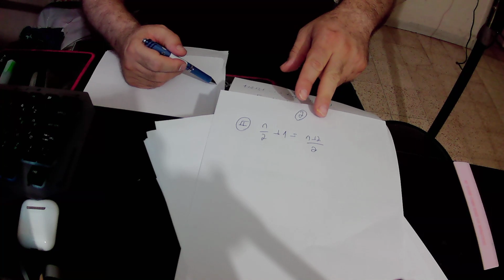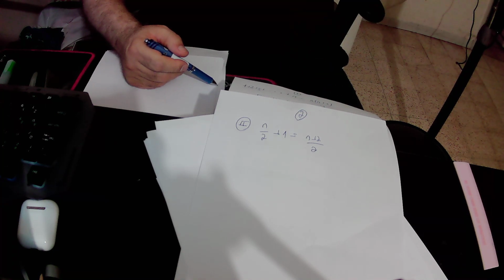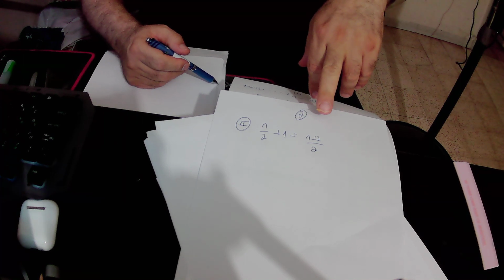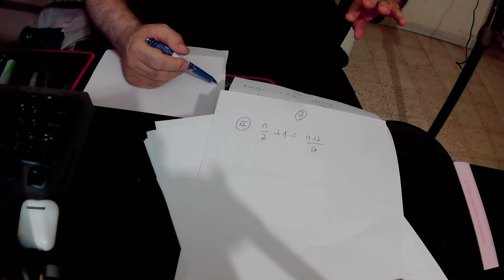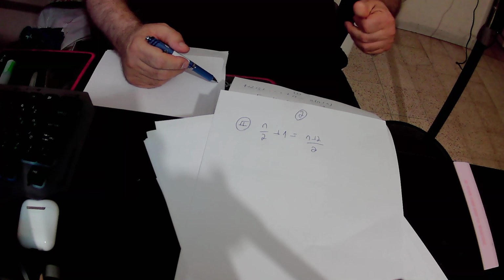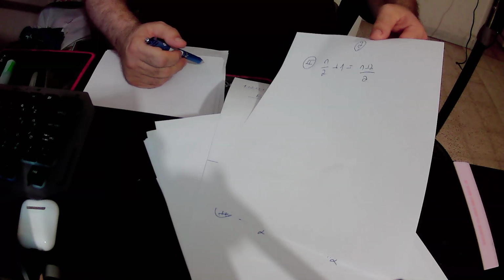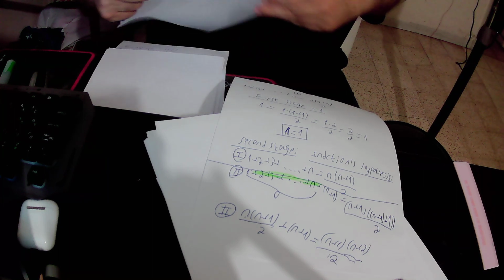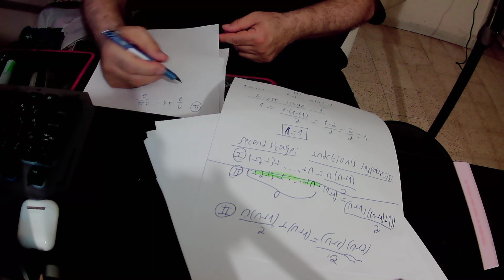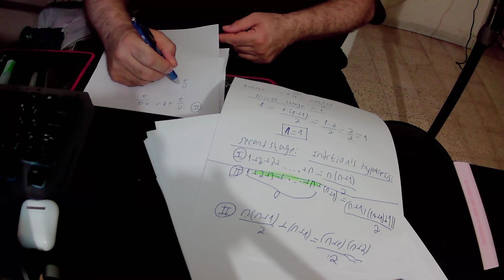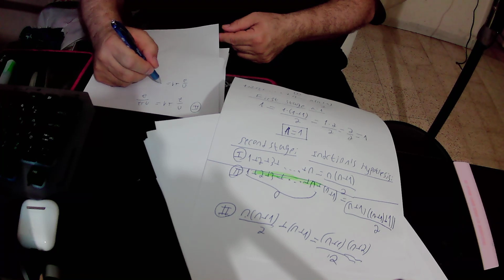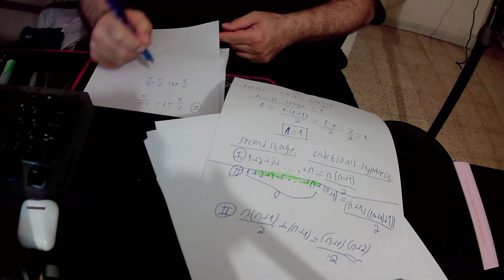So here we can part the n plus 2 to two parts. Okay, so we will write that n divided by 2 plus 1 equals to n divided by 2 plus 2 divided by 2.